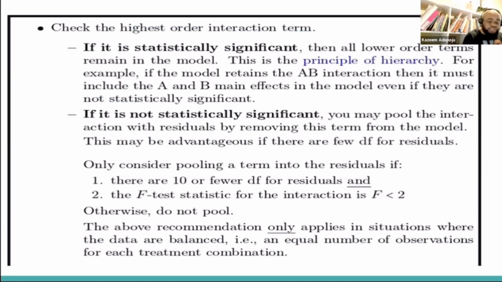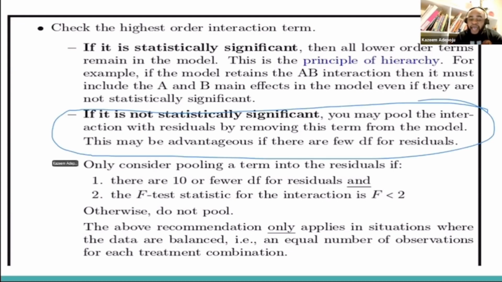And in a situation where it is not statistically significant, then we need to take a decision. That's exactly what I'm trying to say here. If the interaction term is not statistically significant, then we're going to take a decision whether to pull the interaction into the residual, by removing this term from the model, because somebody is going to ask, what is the essence of keeping an interaction effect that is not significant in my model?